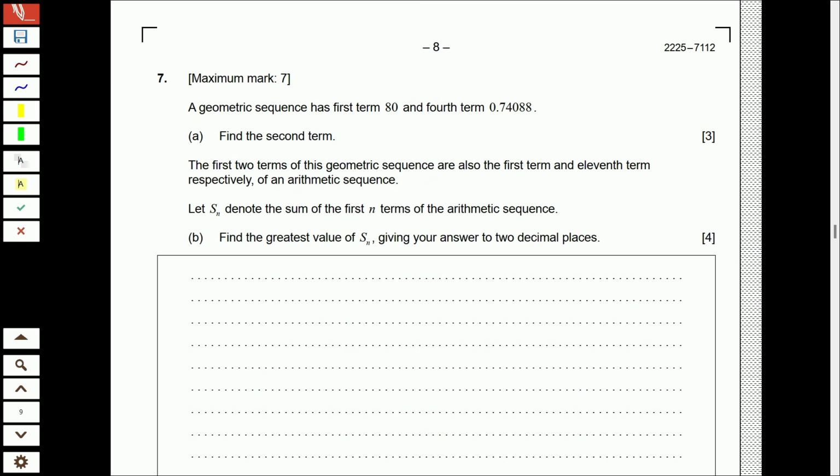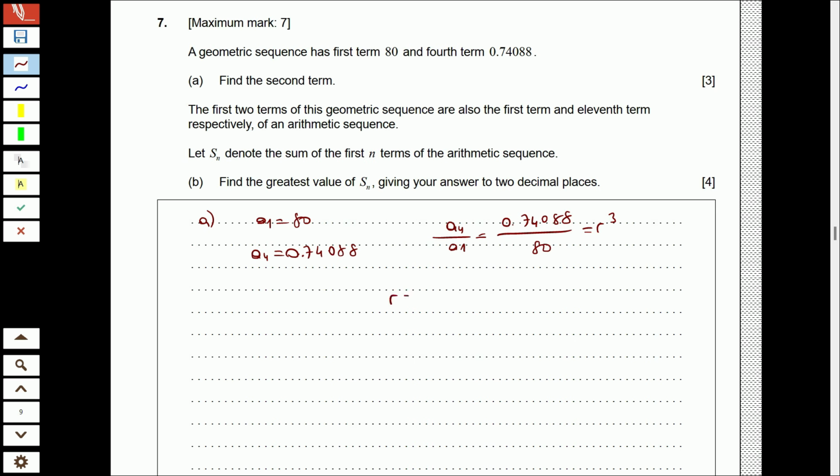Question 7. A geometric sequence has first term 80 and fourth term 0.74088. Find the second term. So I know the first term and the fourth term, so I can find the common ratio by dividing these two numbers, right? It will give us r to the power of 3. To find r, I will find the cube root of this fraction.